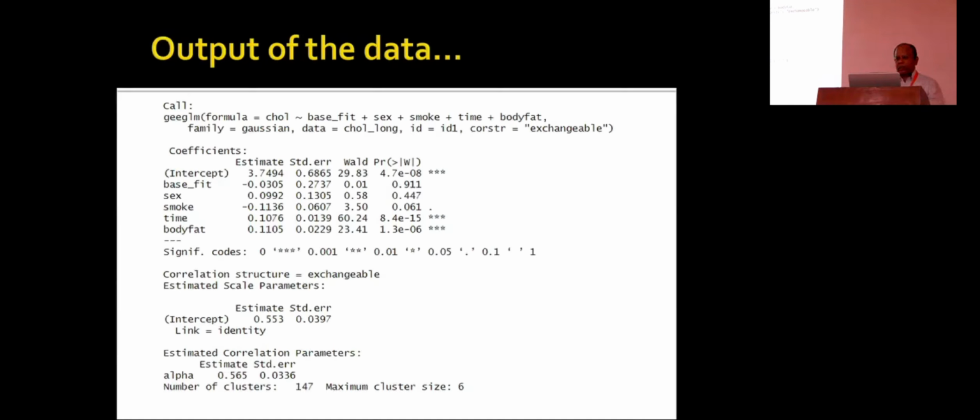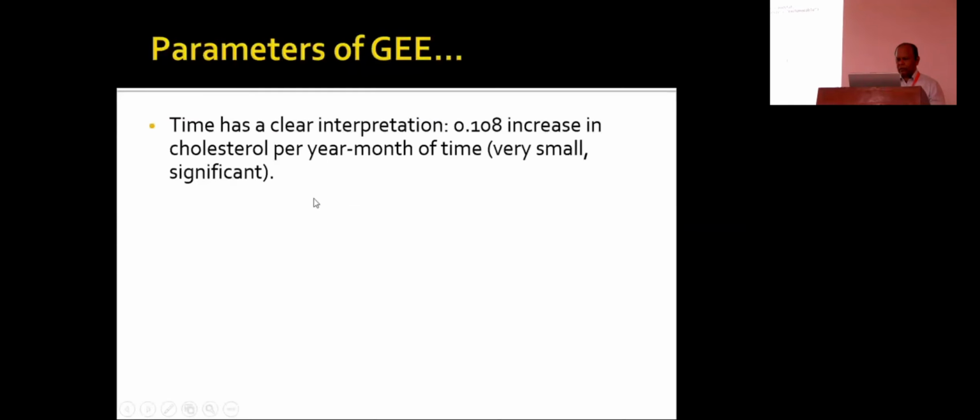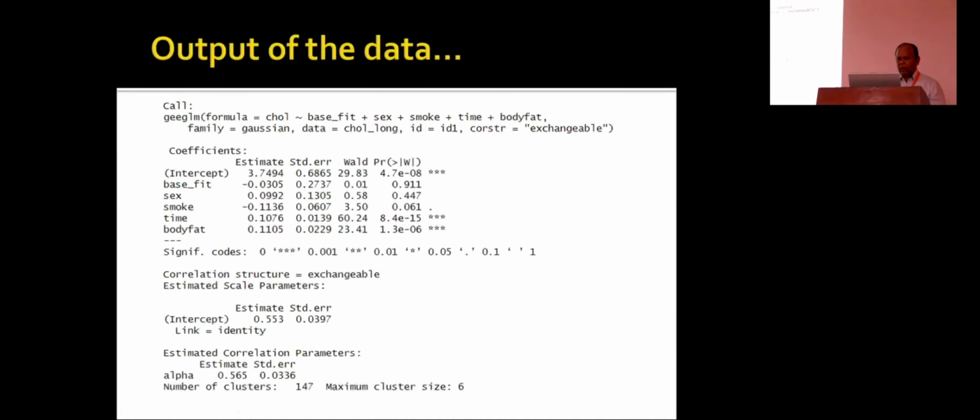As you see here, there is a regression coefficient. So, linear regression analysis: the outcome is cholesterol, the independent variable is body fat. The body fat is here. It's positive.